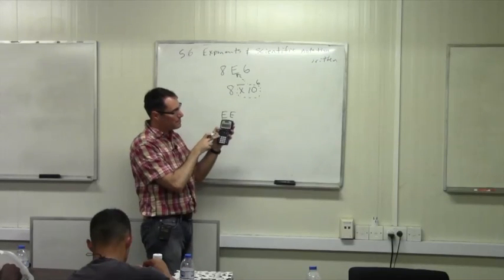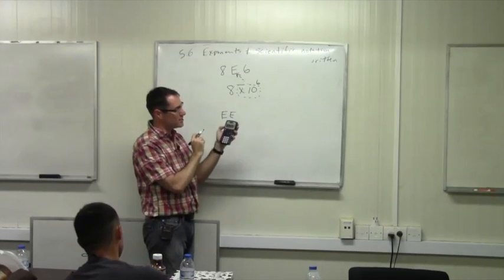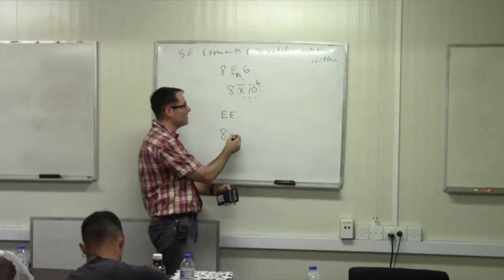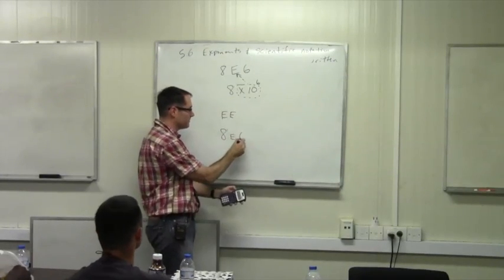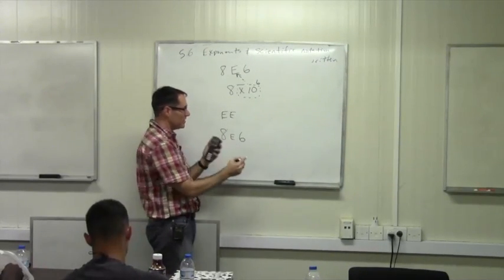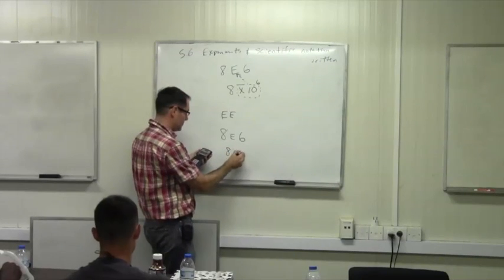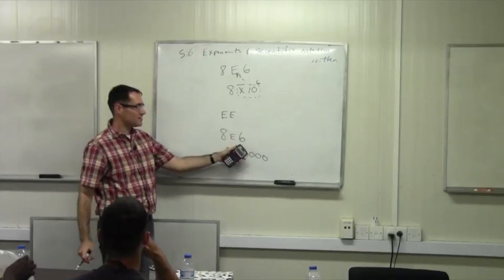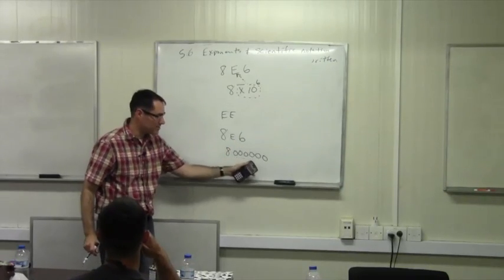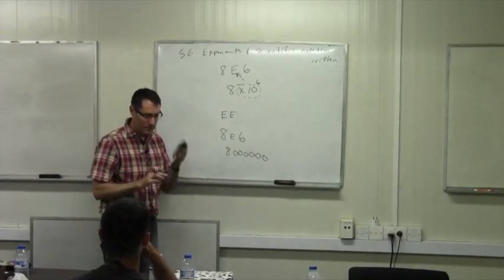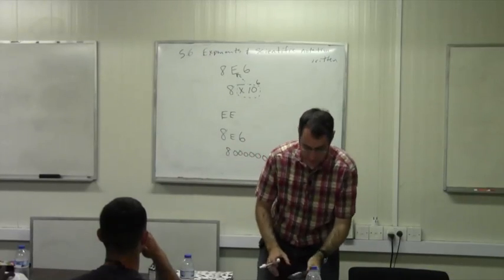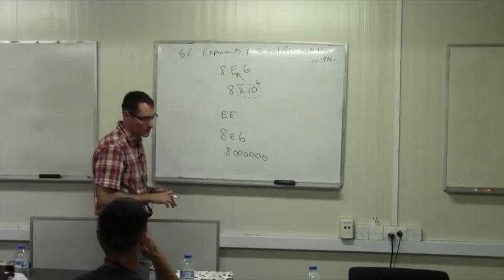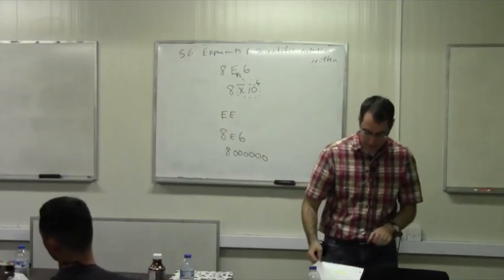You hit the second button, and then the x to the negative 1, which is EE, and it should say 8, and then E. Then if you type 6 and hit equals, it will say 8, 1, 2, 3, 4, 5, 6, because 8e6 is 8 times 10 with 6 zeros after it. Make sure you can actually do those numbers on your calculator. Questions on that one?